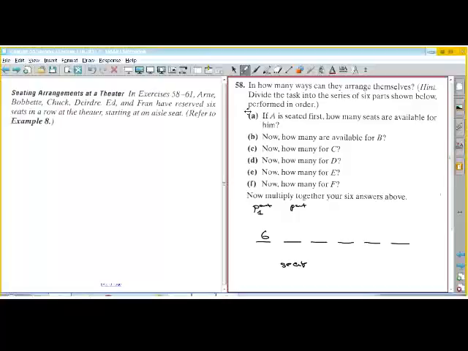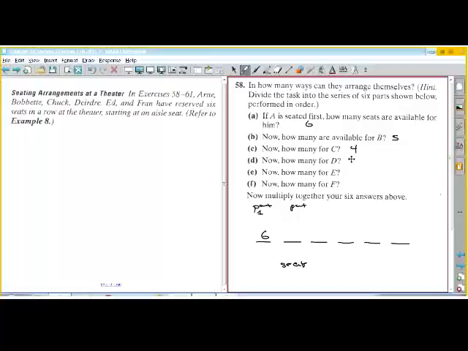So if A is seated first, which is Arn, I've got 6 choices. So I write that down. There's 6 seats available. Then the next one is Bobette. Well, if I've already seated Arn, then there are only 5 seats that are available for the next person. Same with Chuck. Once I've seated Arn and Bobette, there are only 4 seats left for Chuck.